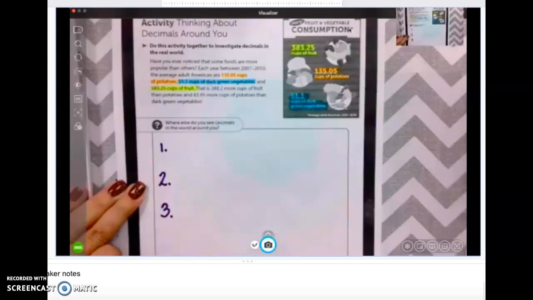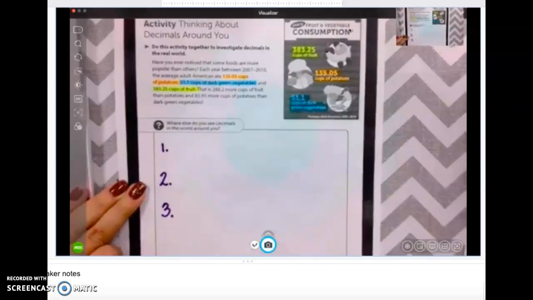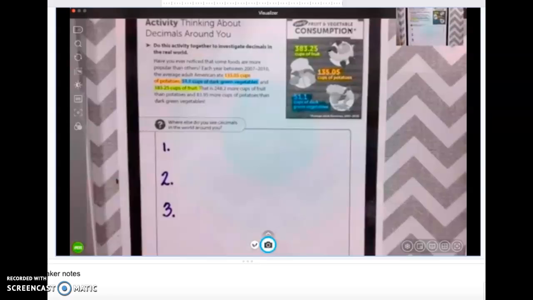It doesn't have to be a big long paragraph, but I'd like you to say, I find decimals at such and such a spot. And I'd like you to be able to give me 3 different examples for where in the real world you see decimals. And then we'll pick up from here and look at session 1 for lesson 7 tomorrow.